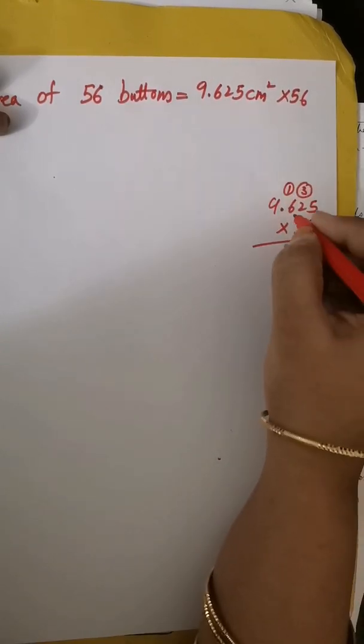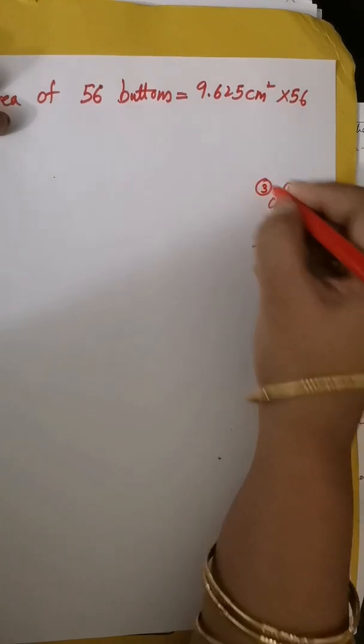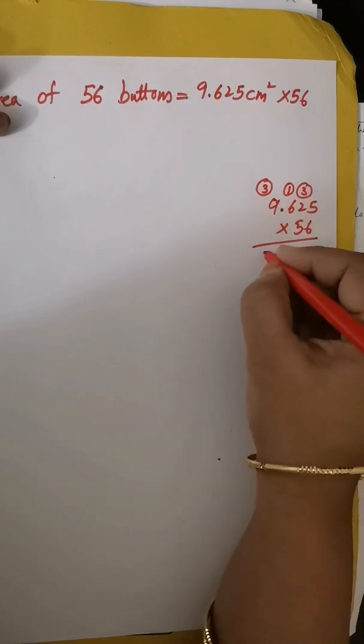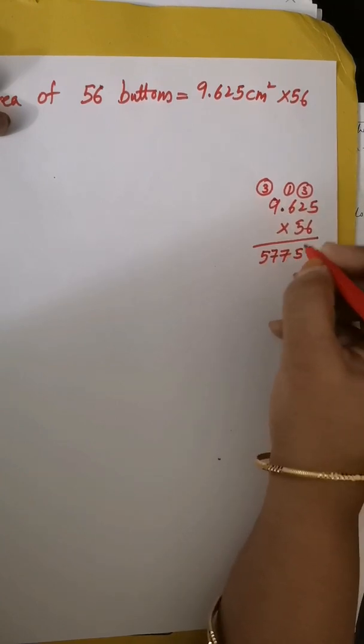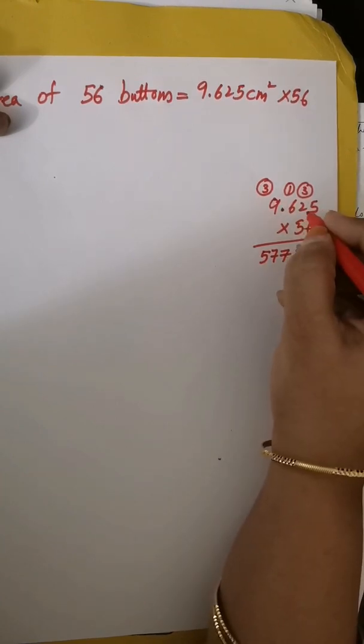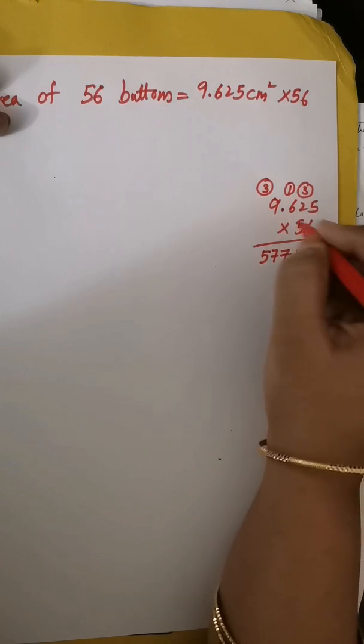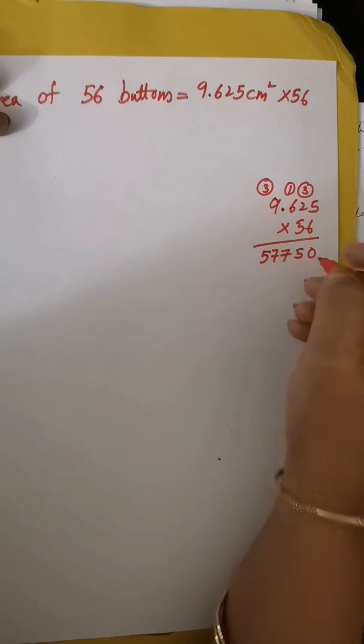6 5s are 30, 6 2s are 12, 15, 6 6s are 36, 37, 6 9s are 54, 57.